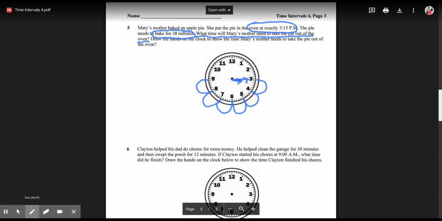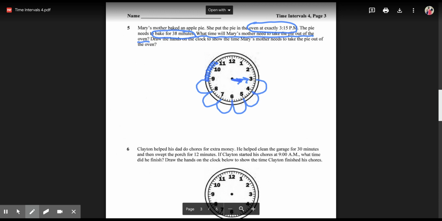So that minute hand, that longer hand, is all the way over here at the 9, and that's 30 minutes. Now we need to be able to go 8 more minutes. So we're going to go 1, 2, 3, 4, 5, 6, 7, 8. That's actually right there.